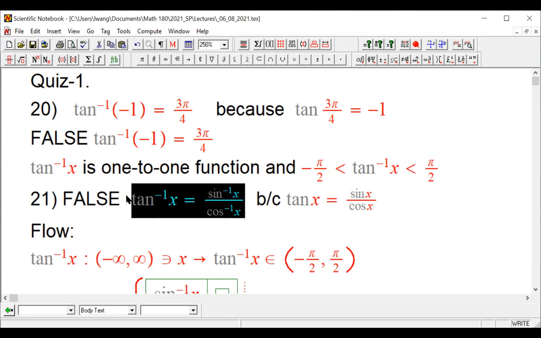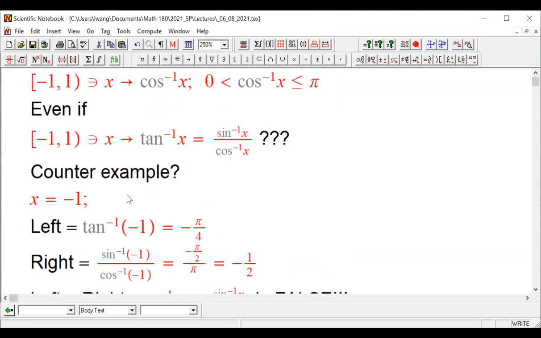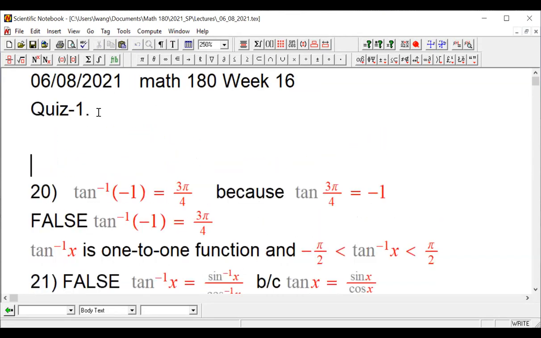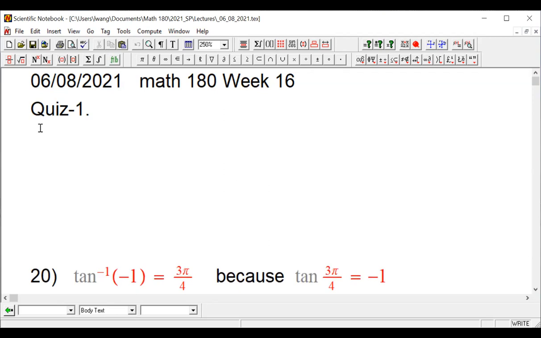So we cover 20, 21. Now 22 through 25. These are related to logarithms. I'm going to excuse myself for a few minutes. I'll be right back.